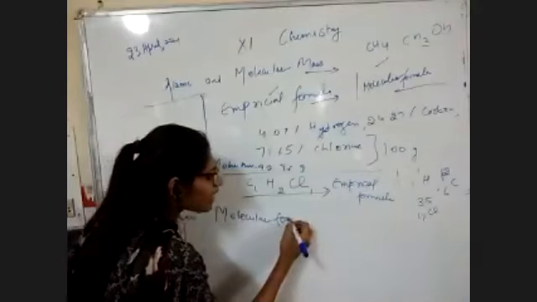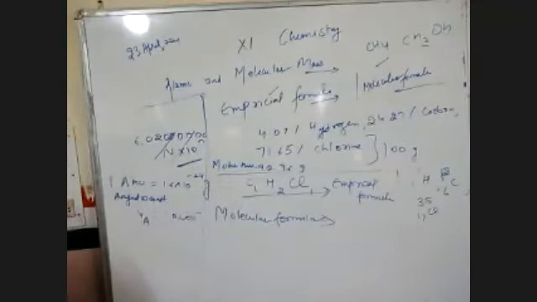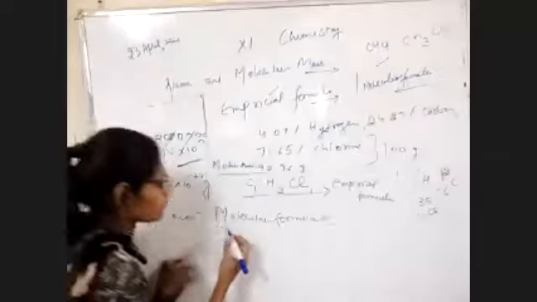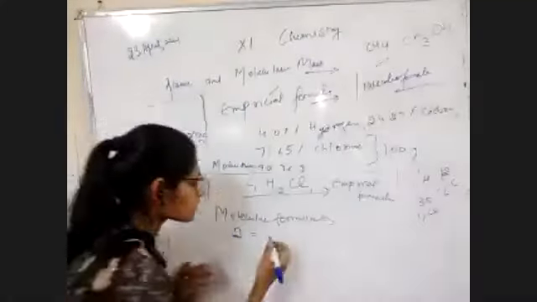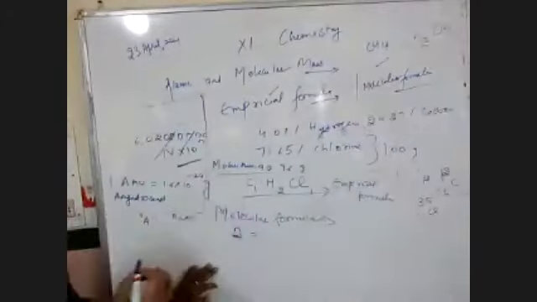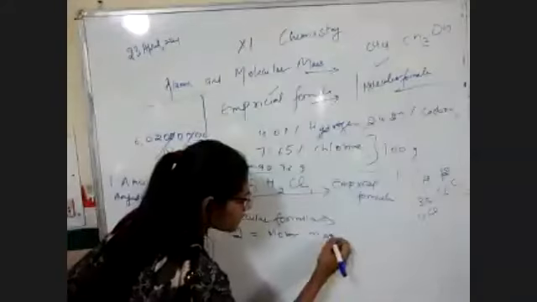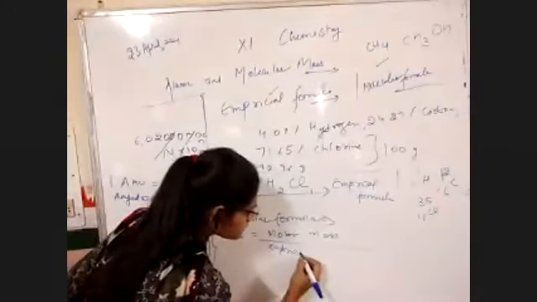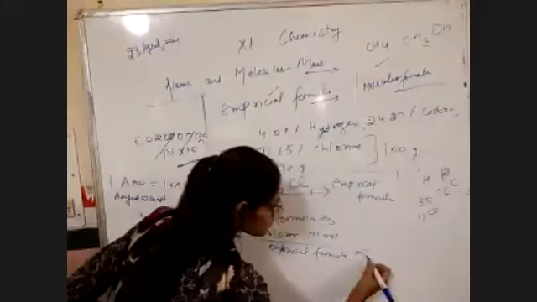For calculating our molecular formula, we need a ratio of our molar mass to the empirical mass. We have to calculate our N, where N is the molar mass divided by the empirical formula mass.